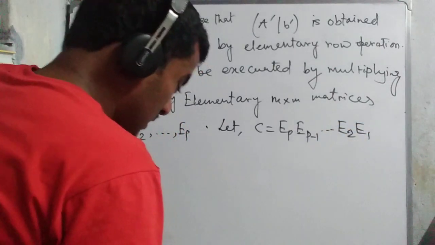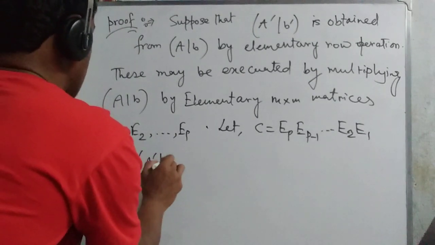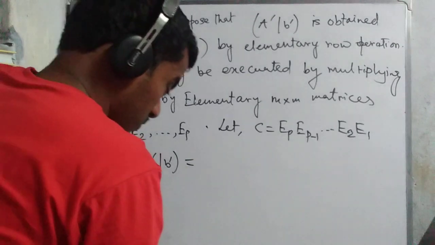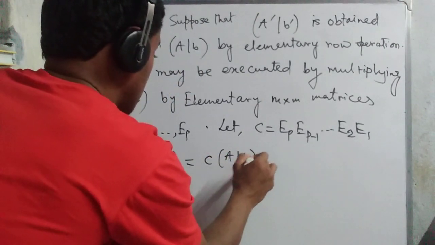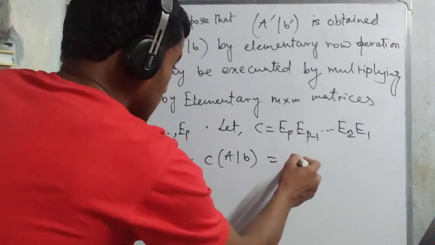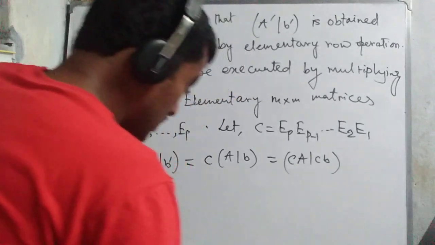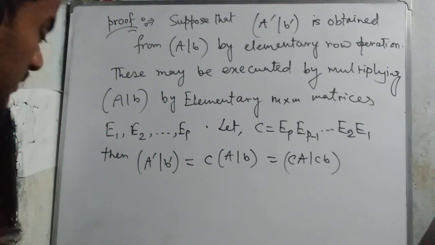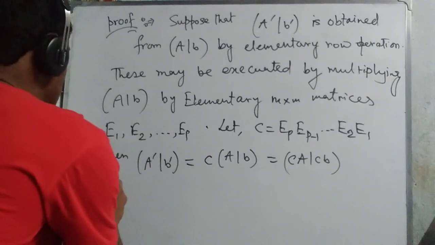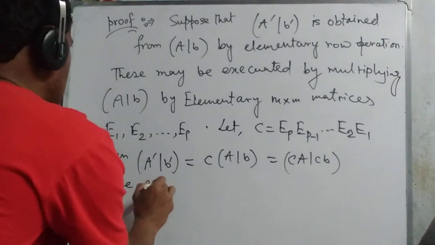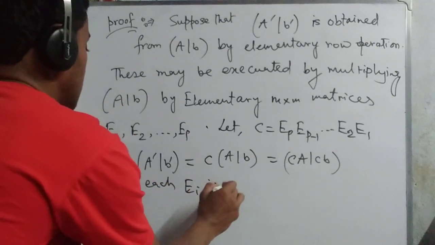Then A dash B dash equal to C of AB equal to CACB. Understood. Since each Ei is invertible, so C is invertible.